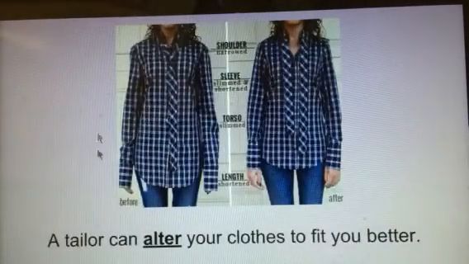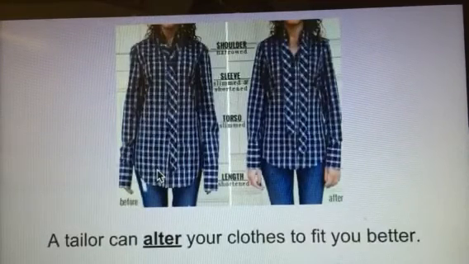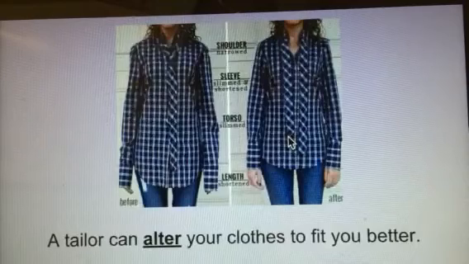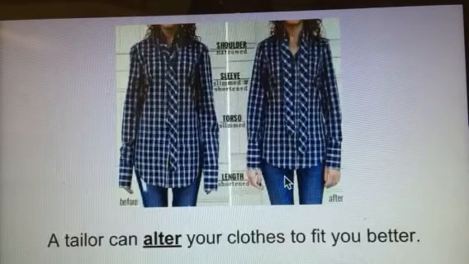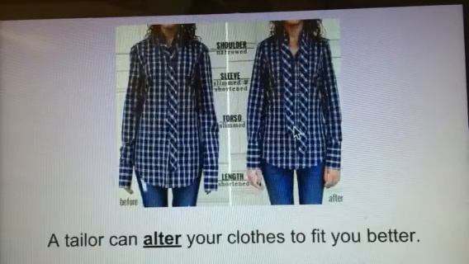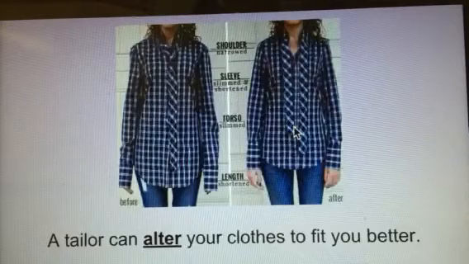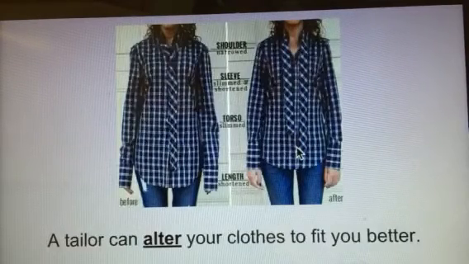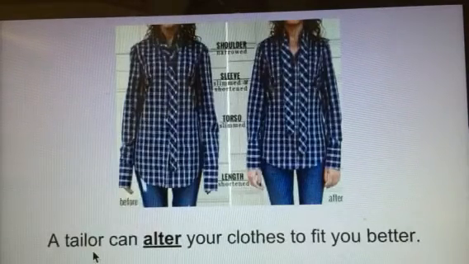So here you can see a young lady with a shirt, and a tailor can alter your clothes to fit you better. So obviously here the shirt looks much better on this woman's body. A tailor is someone who sews, who can make clothes and alter the clothes.